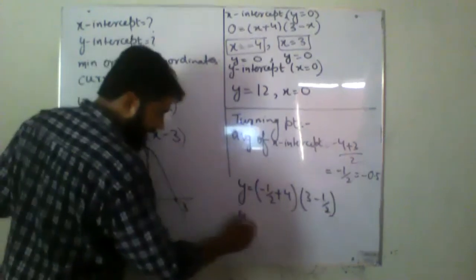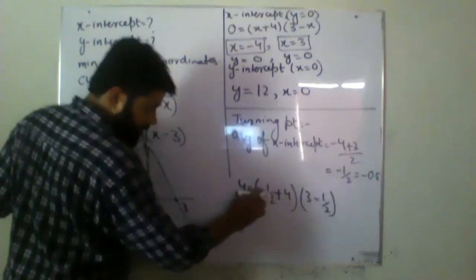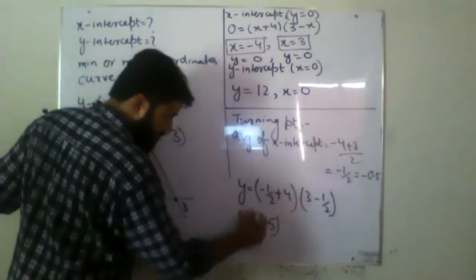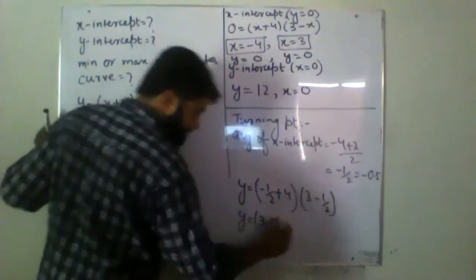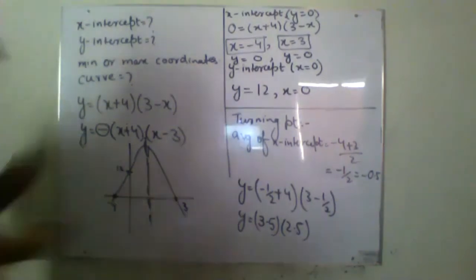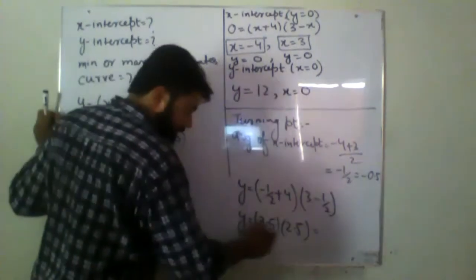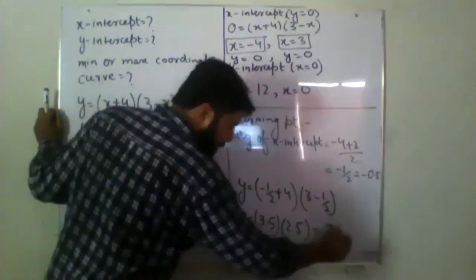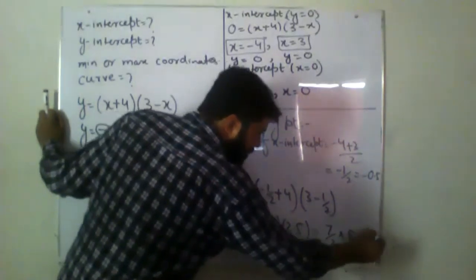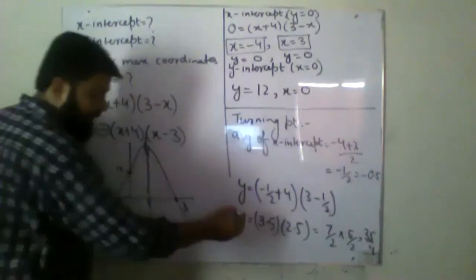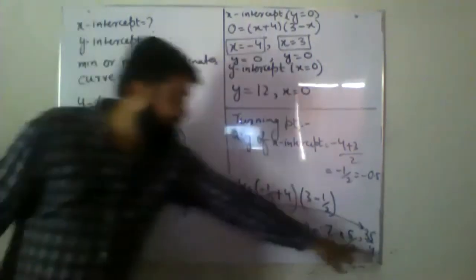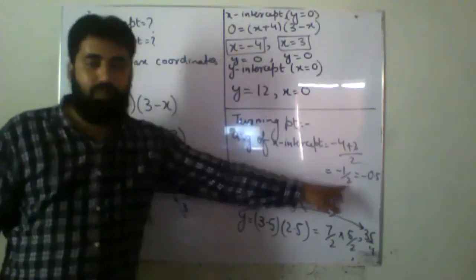This will become 3.5 and this will become 2.5. If I write it in simplified form, I can write this as 7 upon 2 and this as 5 upon 2, and 7 times 5 upon 2 times 2 is 35 over 4. So the y coordinate is 35 over 4, and the x coordinate is minus 1 upon 2 for your turning point.